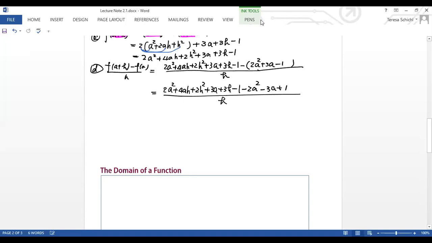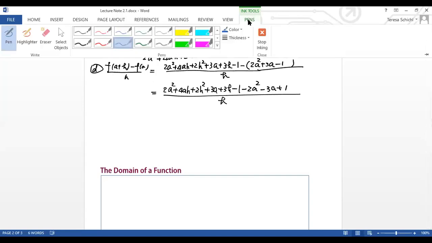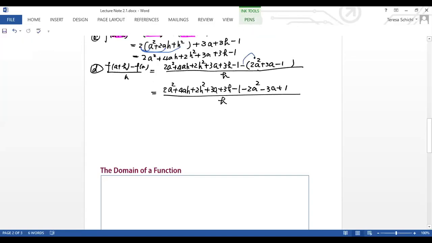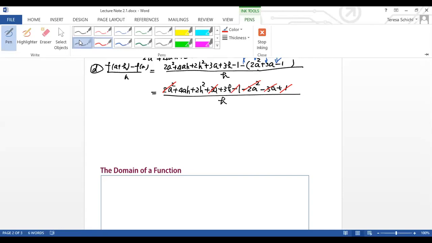That's right, because this is where people sometimes make a mistake, right? When you use the distributive property, this negative sign has to go over every one of them. Okay, now let's take a look at what we can cancel. This one is negative 2a squared, positive 2a squared. Pretty good. Negative 3a, positive 3a. Plus 1, negative 1, excellent. All right, so we cancel that.